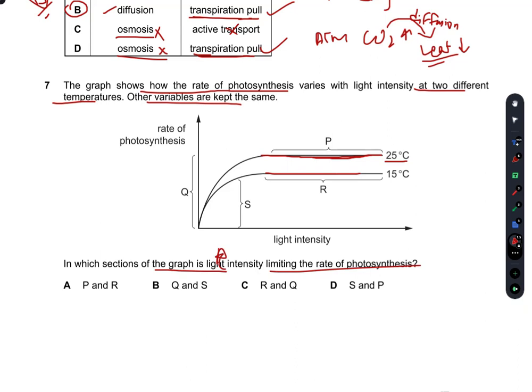So for a temperature of 25 degrees C, Q is limiting the rate of photosynthesis.